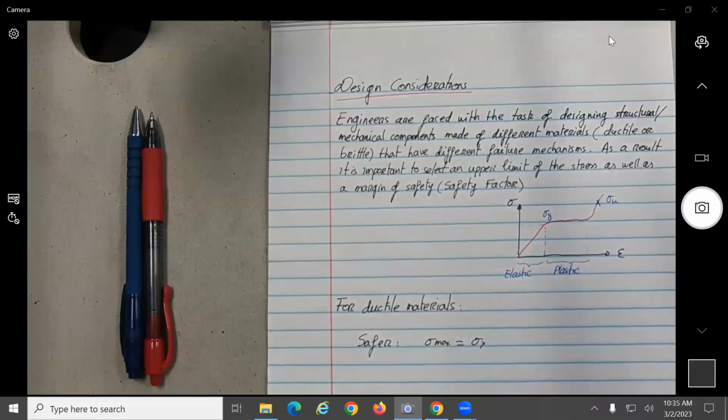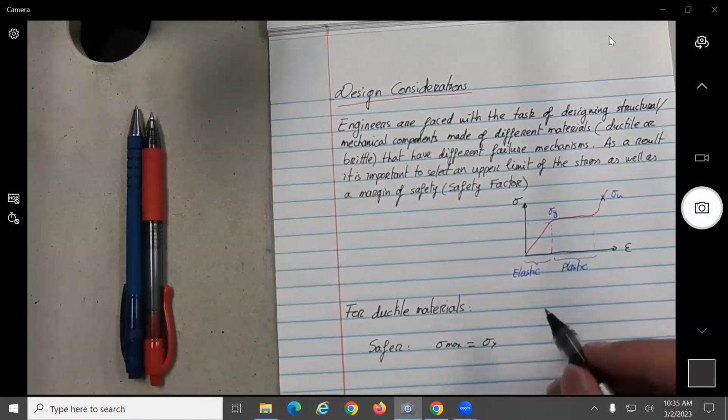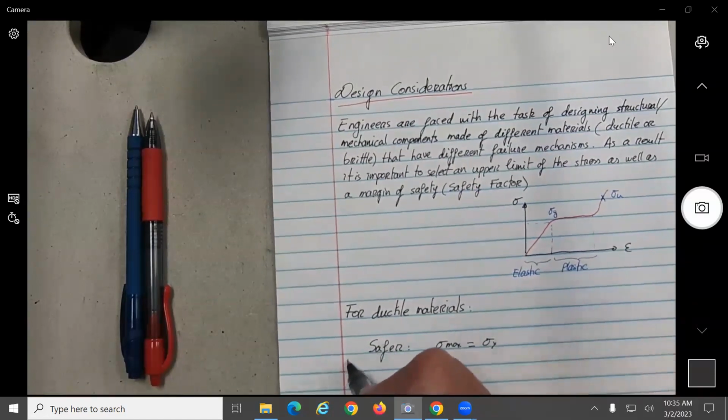In some cases, it's a reasonable assumption to say that you want to see before failure, you're allowing some deformation, no? Does that make sense? You're allowing some plastic deformation. So let's say, not very conservative.